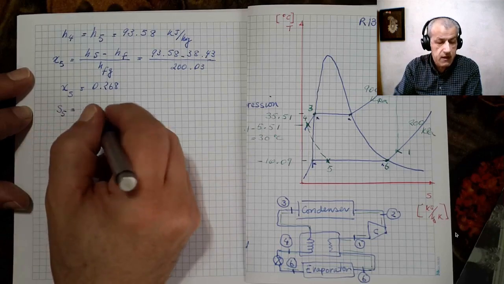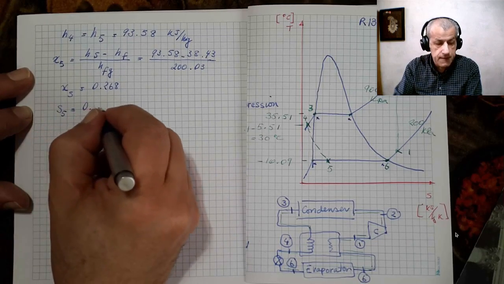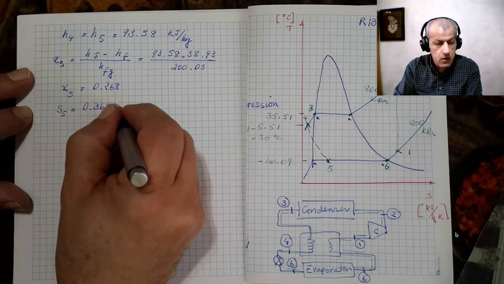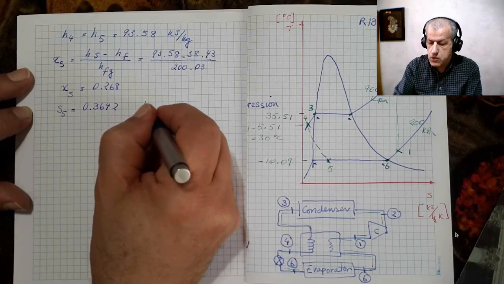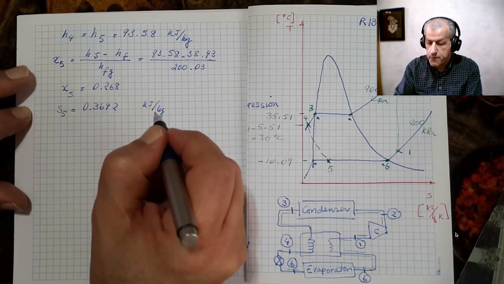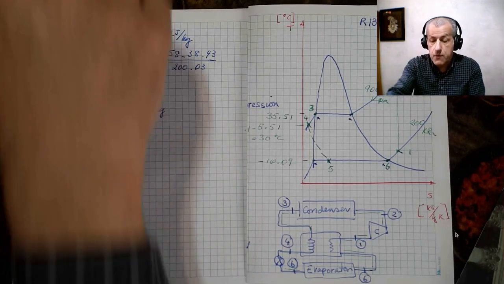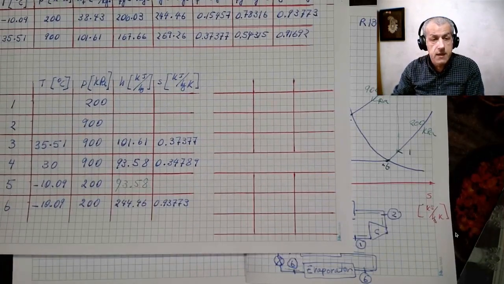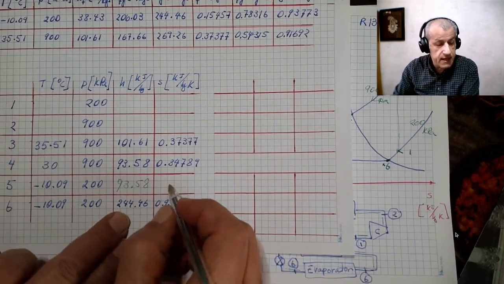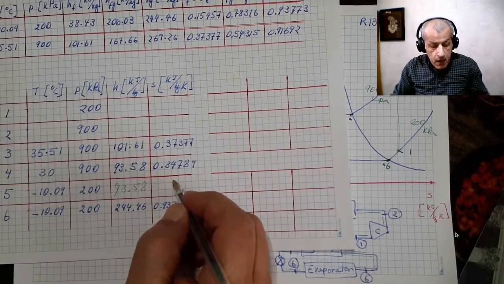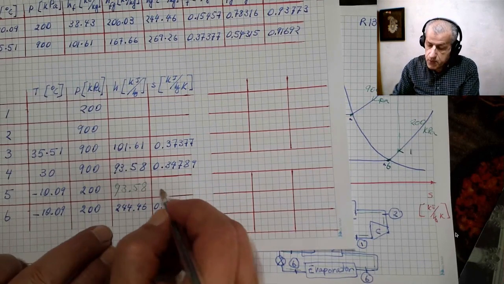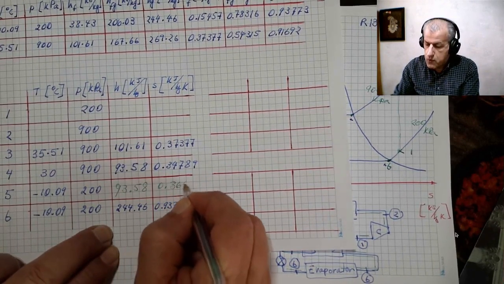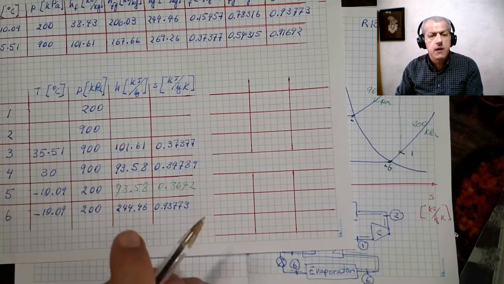And S5 is 0.3642 kilojoule per kilogram. And therefore, we can also fill another box in this table, and this is S5, and it is 0.3642 kilojoule per kilogram.